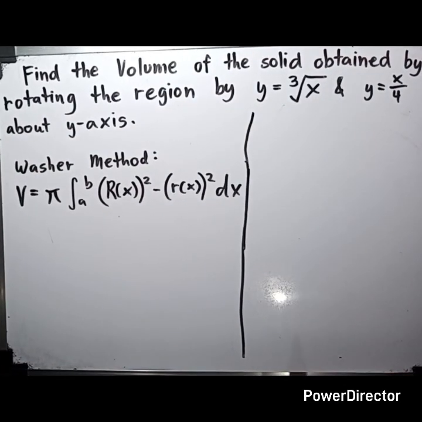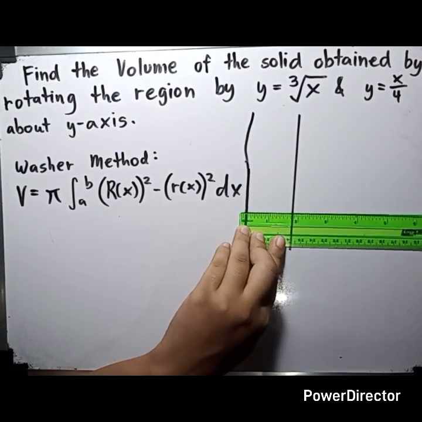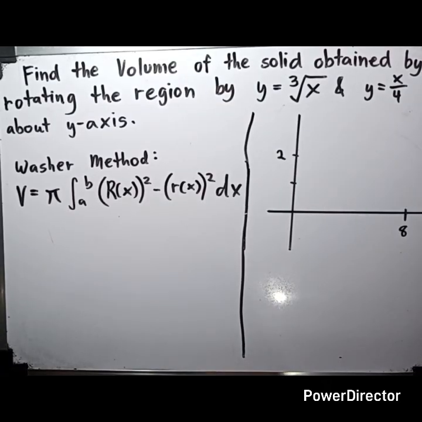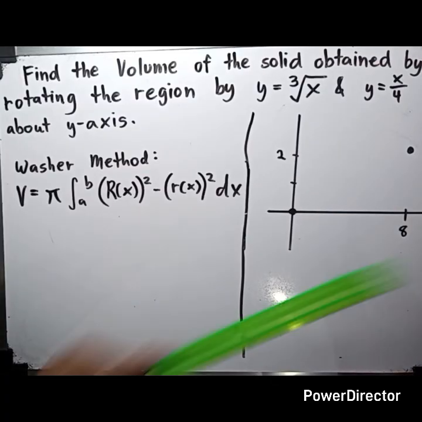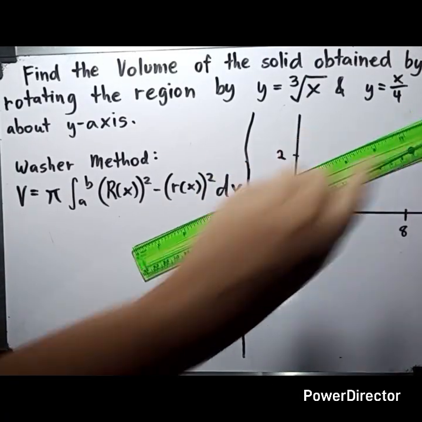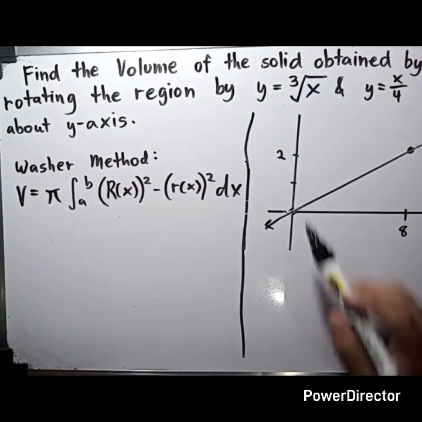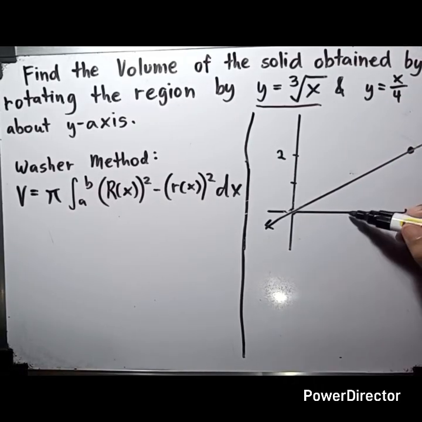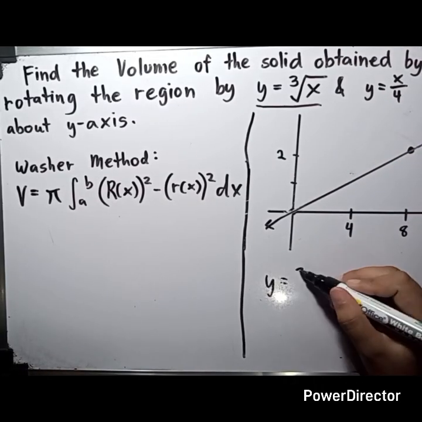Plot the points of intersection. We have (8, 2) and a point at the origin. We already know the function of a line, which is that, and to find the curve of the other function, we'll input 4.